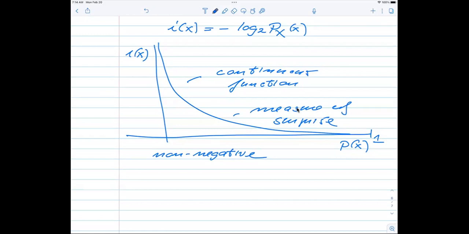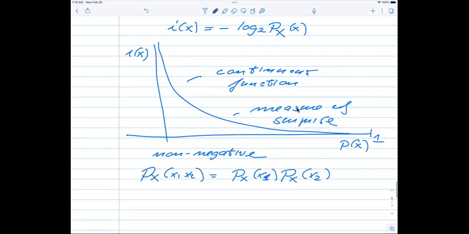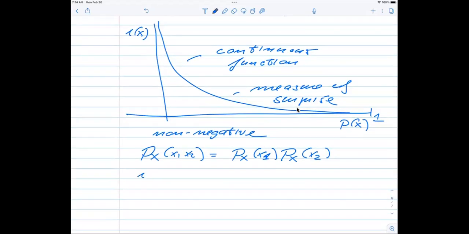The function is additive. Suppose now that we have a probability for two events, x1 and x2 here. Then we can write this out as two independent events. So these are independent and identically distributed events, x1 and x2, and they have the same probability. Then we see that the information content which we have is additive.